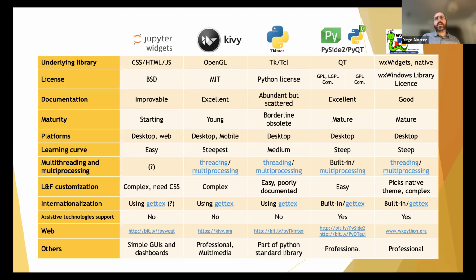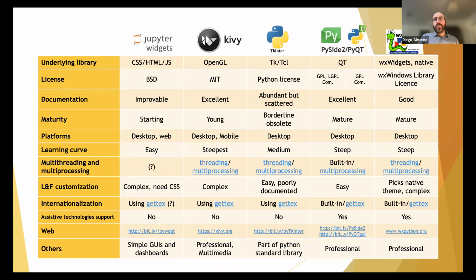Tkinter has been there forever. There's a lot of documentation, but it is very scattered. It's not concentrated in one particular place and sometimes it's contradictory or incomplete. So sometimes it's very hard to do things with Tkinter, not because it is hard. Actually, it's very easy to work with Tkinter, but simply because you cannot find the information about it.